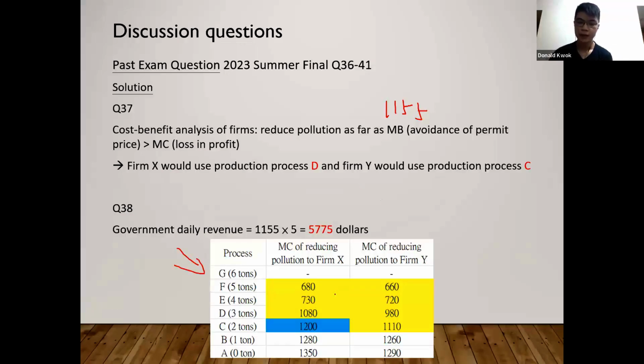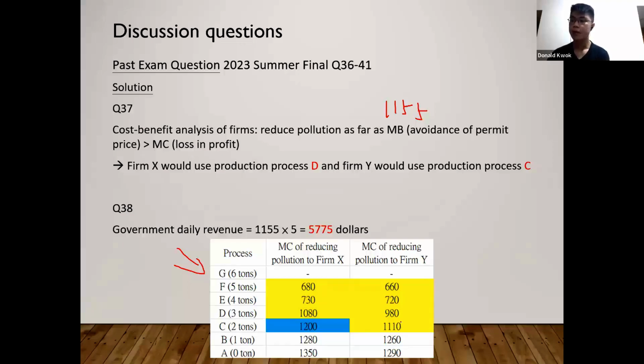As far as the marginal cost is lower than the marginal benefit of 1155, then the firms will reduce that ton of pollution. So firm X and Y will reduce the yellow highlighted numbers. And finally, firm X will be using process D, and firm Y will be using process C.